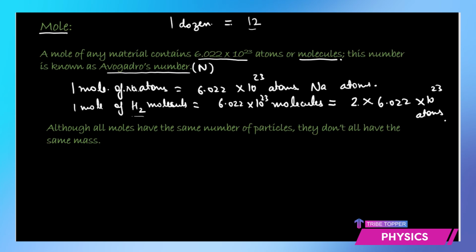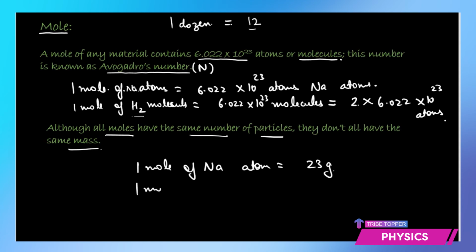Right? And another important thing you need to understand here, that though all moles have the same number of particles, they don't all have the same mass. Like if I talk of sodium, 1 mole of sodium atoms would weigh how much? 23 grams. Then 1 mole of oxygen atoms would weigh 16 grams.